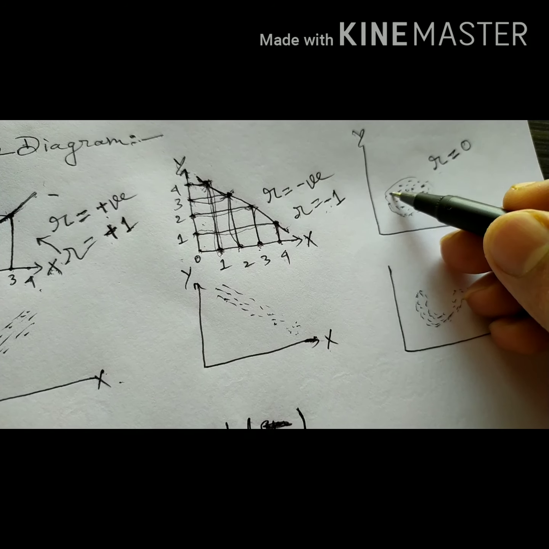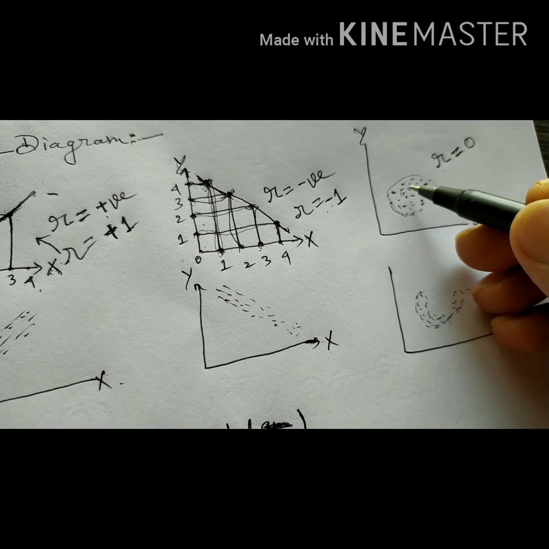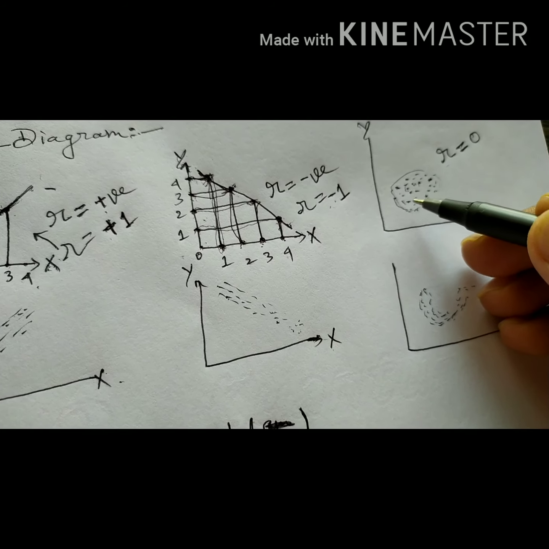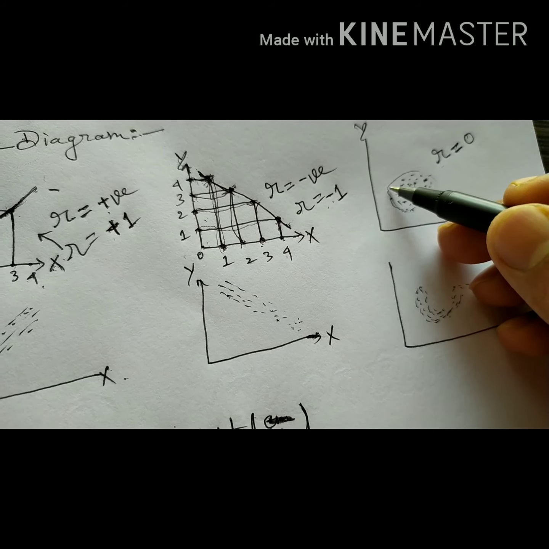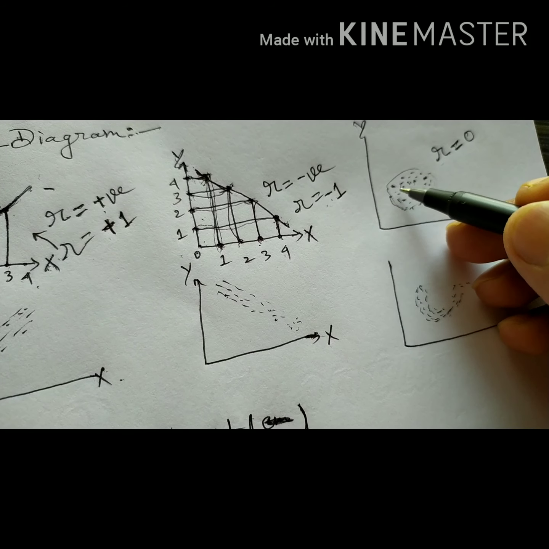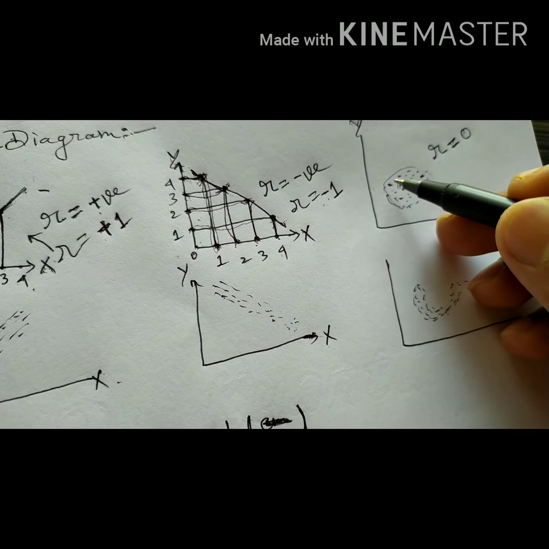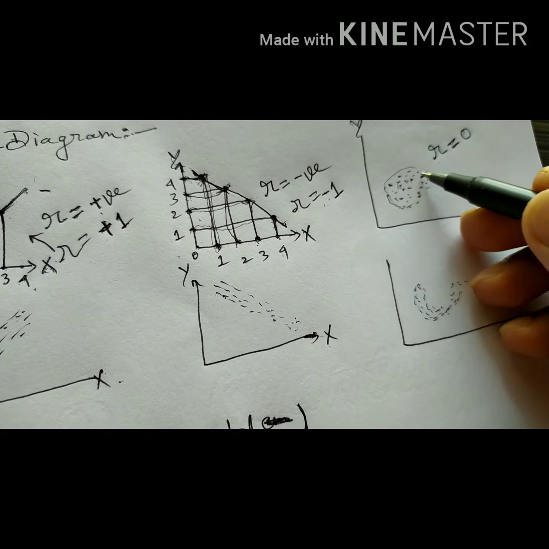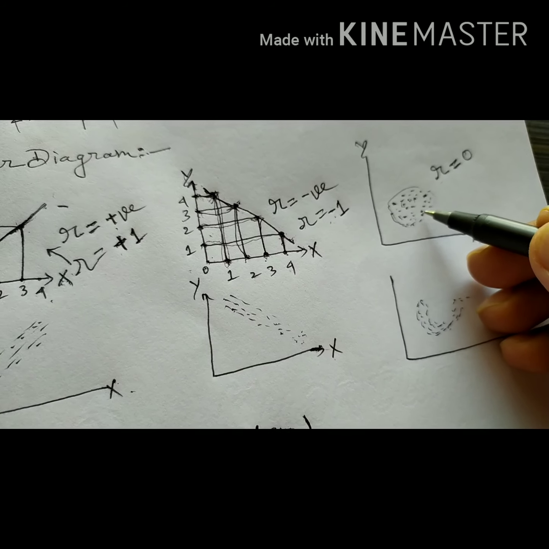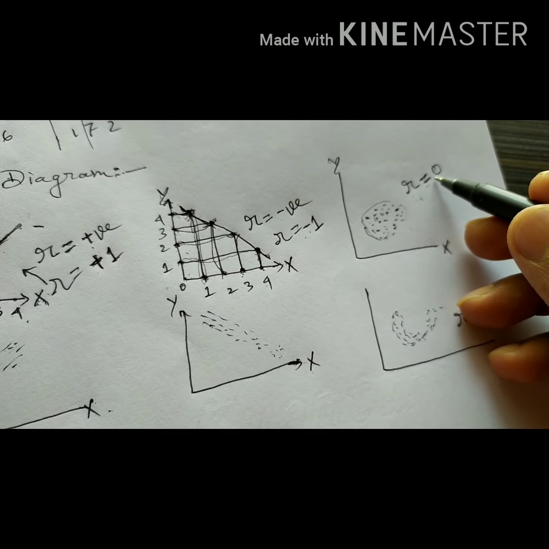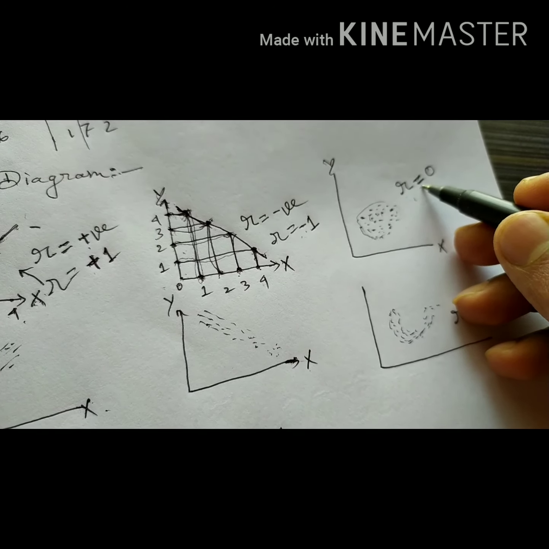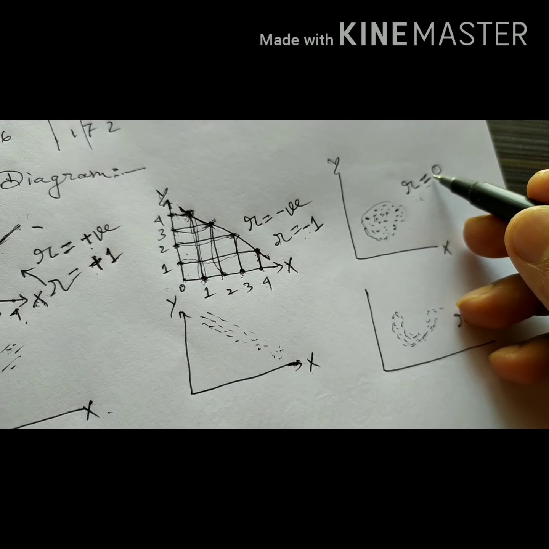Because we never get points which are basically intersecting with each other, and we never get any particular straight line or any particular graph drawn through these points. So here we can say the relationship between x and y is indifferent or uncorrelated. So the value of r will be 0.